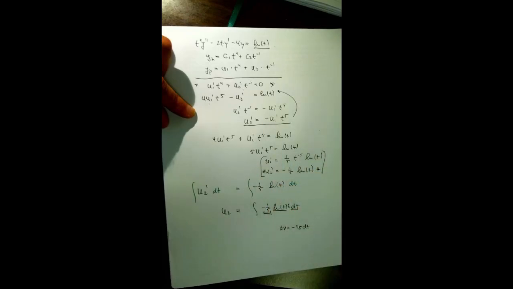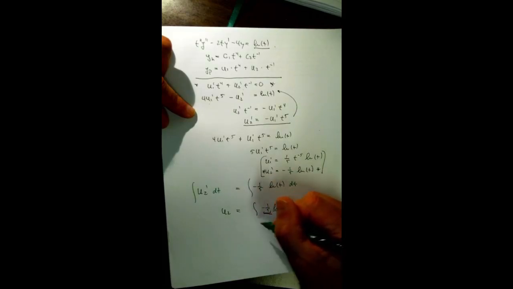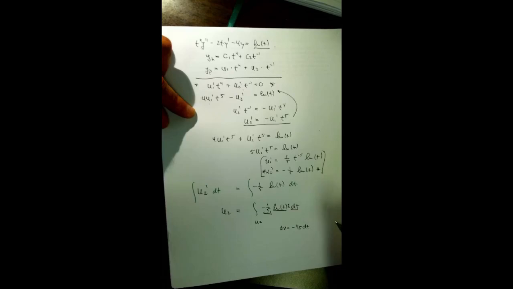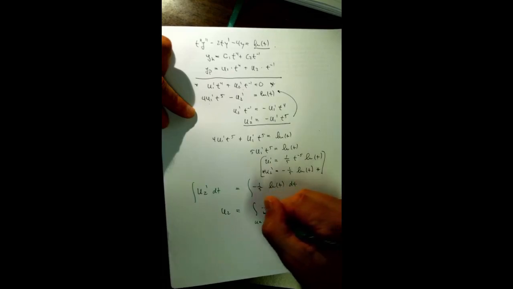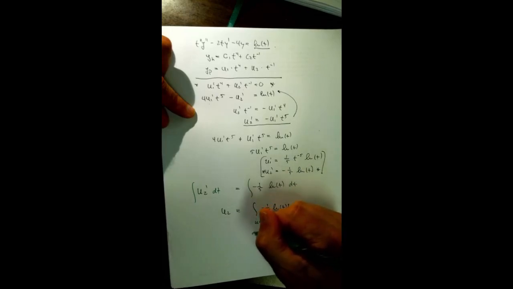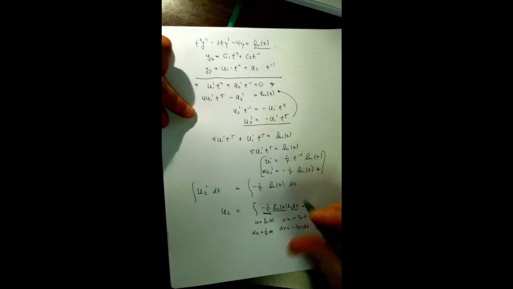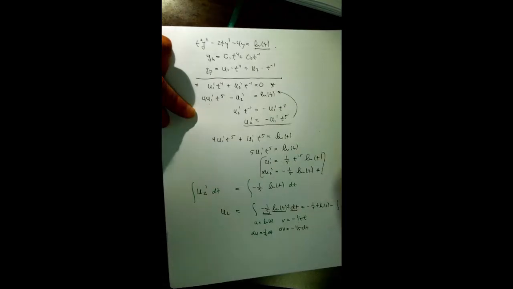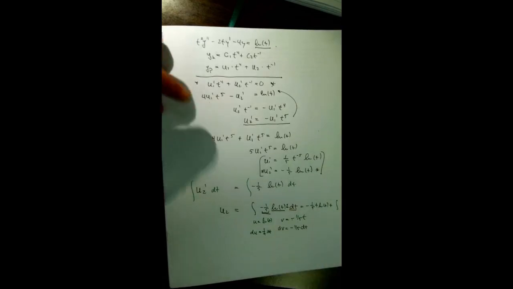Once I do that, everything else is going to be determined, because whatever is left here is going to be what? Log of t. So the antiderivative of dv is going to be minus 1/5 t. Derivative of log of t is going to be 1 over t dt. So this becomes u times v minus the antiderivative of v du, minus a minus.